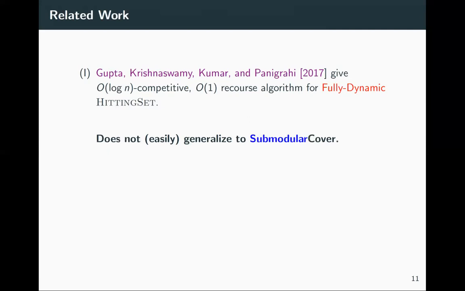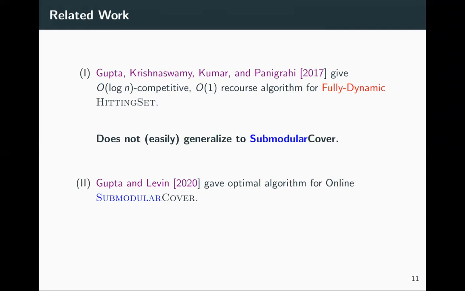Unfortunately, this work does not easily generalize to submodular cover, and so one needs some new ideas. As a second note, earlier this year, in previous work of ours at SODA, we gave an optimal algorithm for the online version of submodular cover, where no takebacks are allowed. So once you buy a vertex, you must keep it forever.